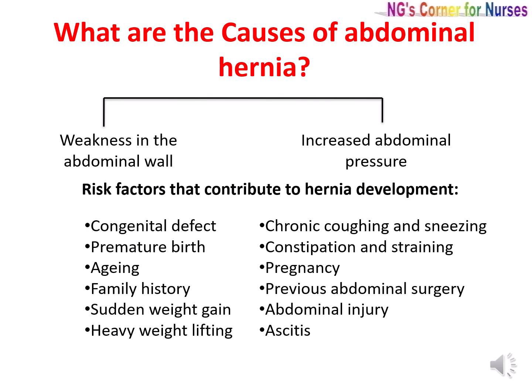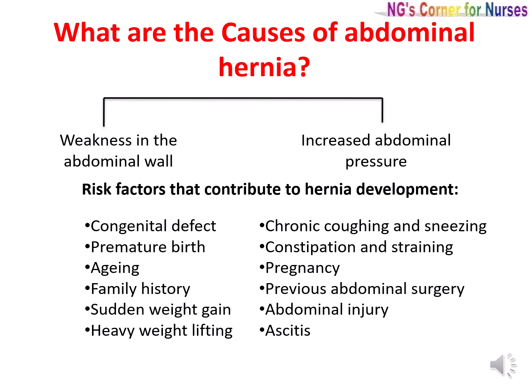Next is pregnancy. The growing uterus can put pressure on the abdominal wall, making it more susceptible to hernia formation. Next is previous abdominal surgery. Surgeries can leave weak spots in the abdominal wall, increasing the risk of incisional hernias. Next is abdominal injury.